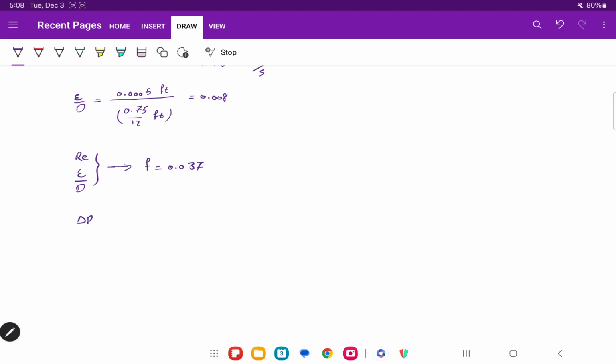Delta P over L equals f, 0.037, density 1.94 slugs per cubic feet, V, 7.27 feet per second squared, divided by 2 times diameter.